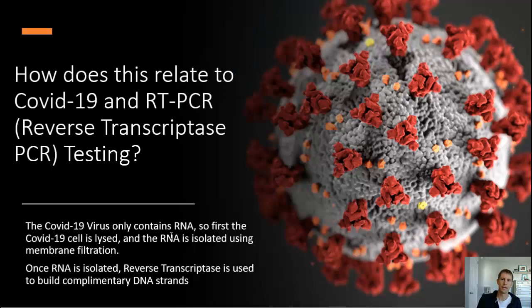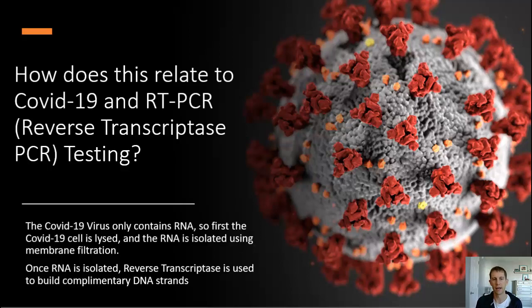For COVID-19 testing, what we have is a virus, and within that virus, it actually does not have any DNA in it. The COVID-19 virus only contains RNA. For testing for the COVID-19 virus, the first thing that we need to do is isolate RNA from the actual virus by lysing the cell and then performing membrane filtration so that we only get the RNA that we're looking for from the sample.